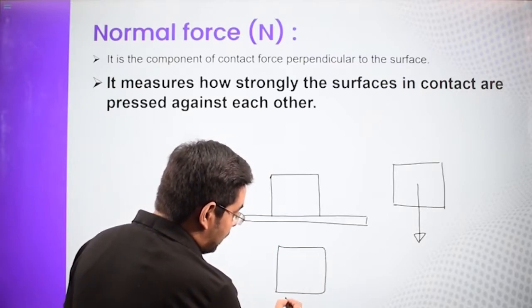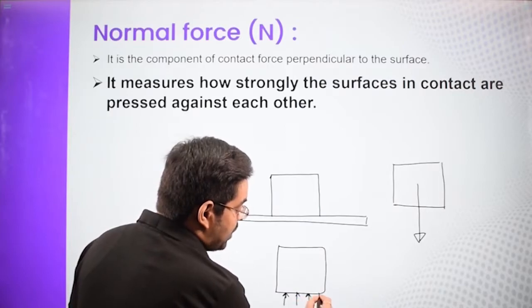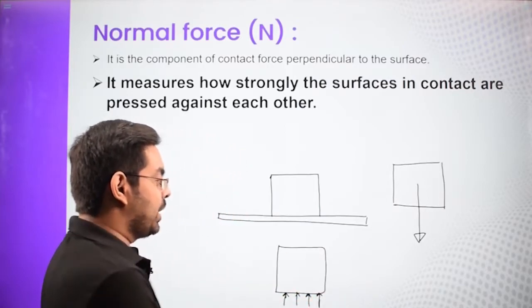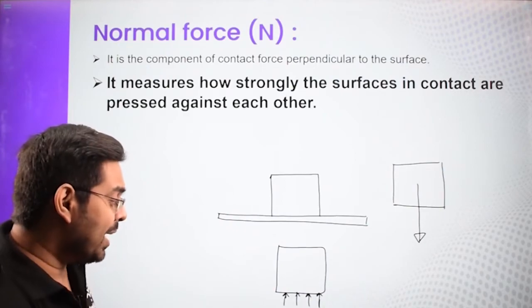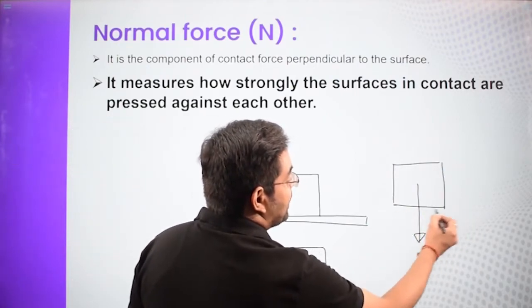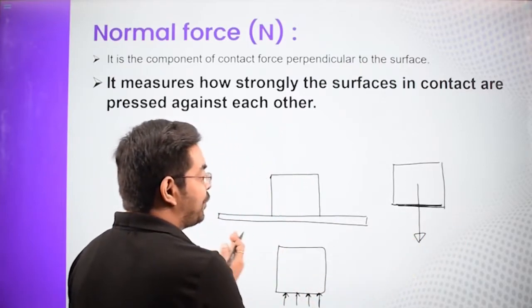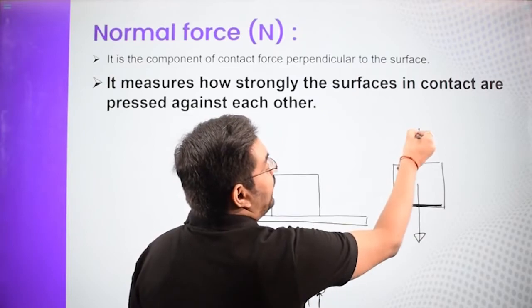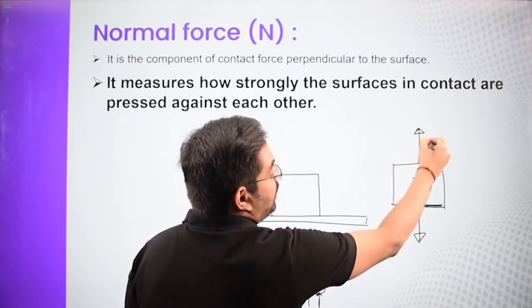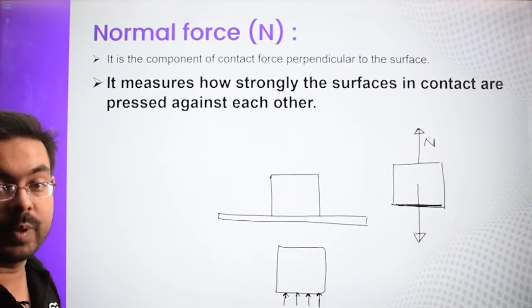If I draw this block, तो surface will apply a force in the upward direction, ठीक है, due to the contact, and it is always perpendicular to the contact surface. तो ये surface है बेटा, this is the surface which is in contact with the platform. तो उसके बिल्कुल perpendicular जो force लगता है उसे हम कौन सा force बोलते हैं बेटा? Normal force बोलते हैं, right?